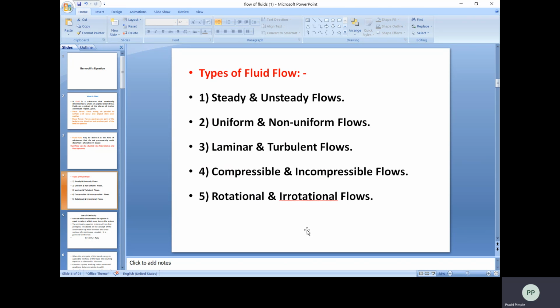Coming to the next class, rotational and irrotational flow. If the fluid particles have angular velocity or rotate around their own axis, then we call it rotational flow. And when they don't have any angular velocity or do not rotate around their own axis, then we call it irrotational flow.